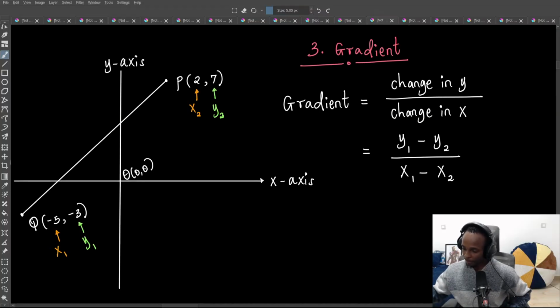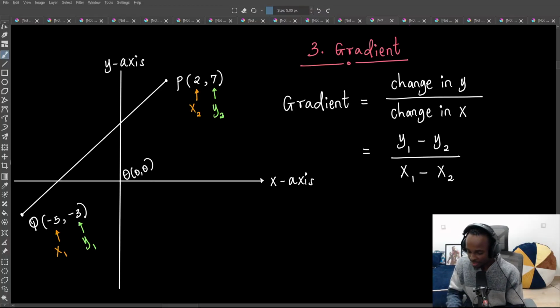So to calculate the change in y, we do y1 minus y2. I mean, it's just the change in the y values, right? So y1 minus y2, and then change in x is going to be x1 minus x2.